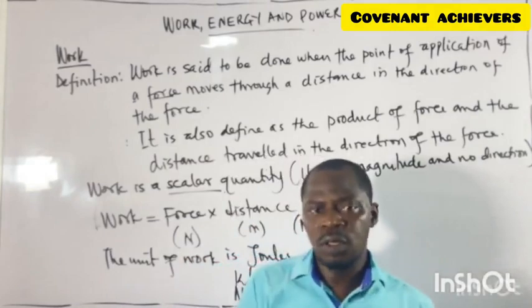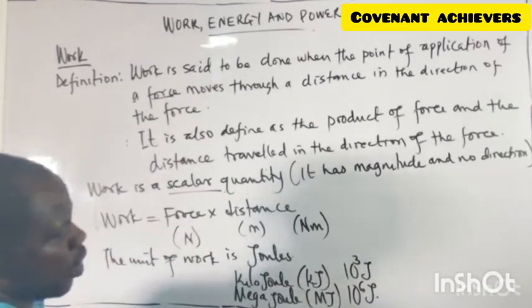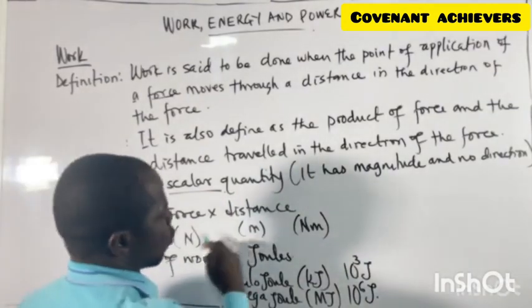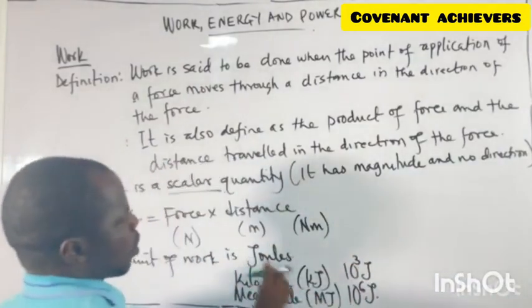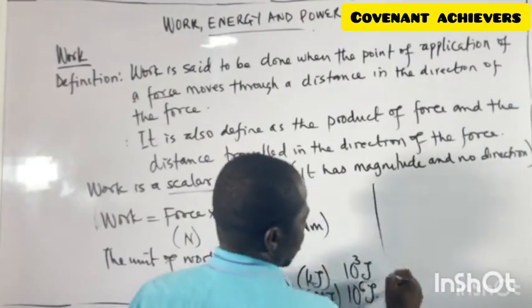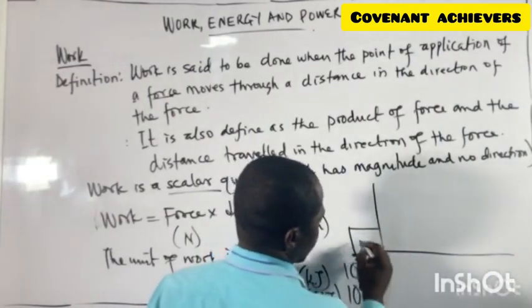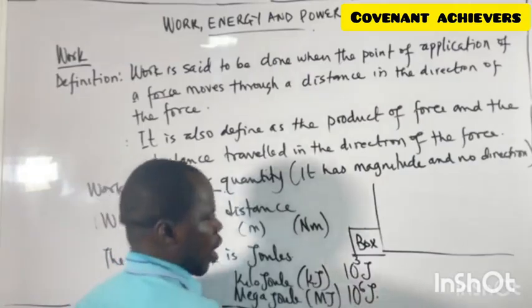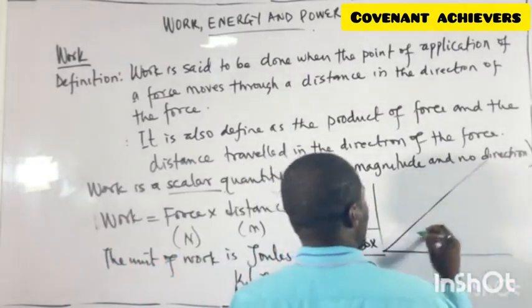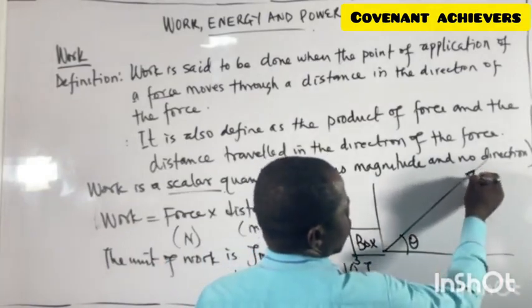This can also be related to the case where the point of application of force is not perpendicular to the distance. Take for instance that you have a body here, which is a bus, and you want to drag this bus at an angle theta. So this is the force at which you are dragging it.